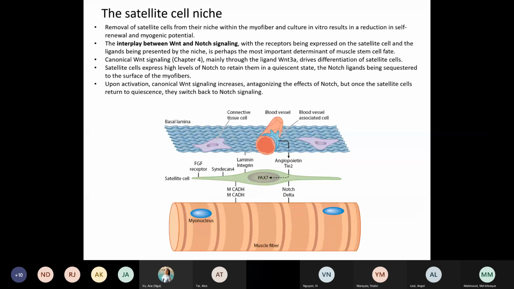Okay, lastly, this is the niche of satellite cell.